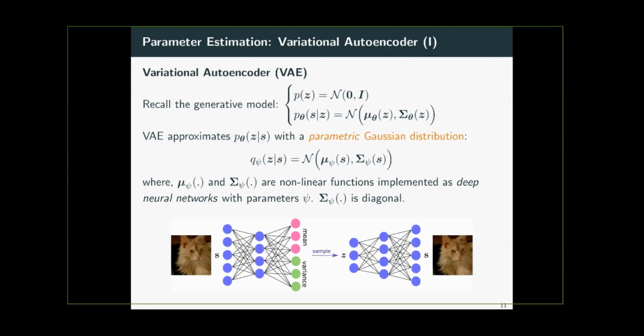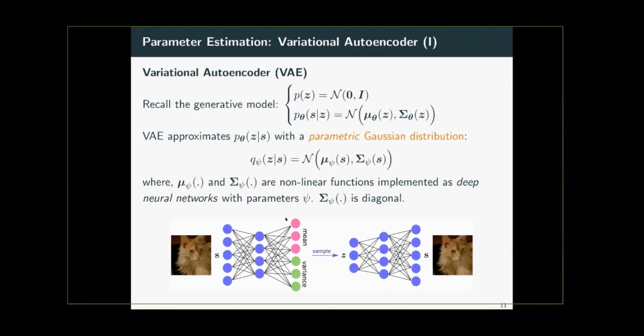The generative model is using theta, and the posterior distribution approximation is using psi. So this means that the network of the generative model that you can see here on the right, that is generating S from Z, can have a certain structure and certain parameters. And the network that is used for inference, computing the posterior distribution of Z given S, can be a completely different network with a completely different set of parameters.